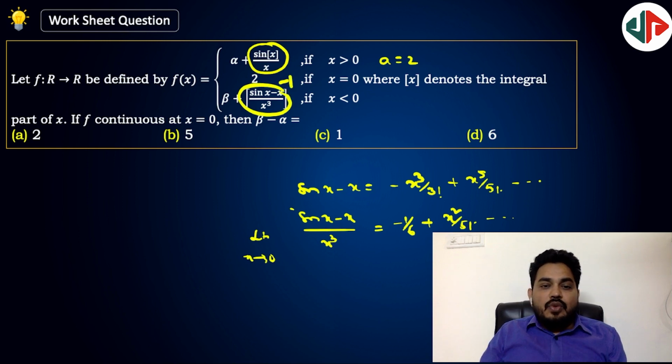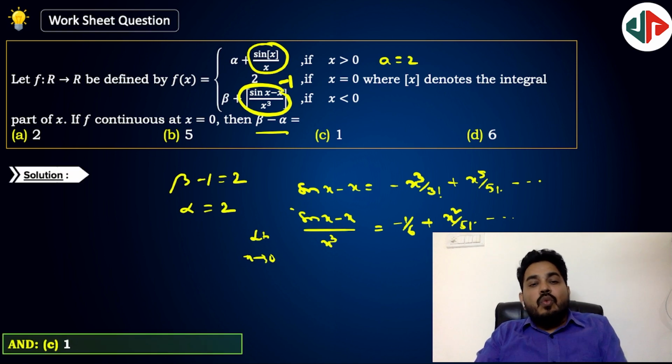Okay, so beta minus 1 is equal to 2. Alpha is equal to 2. So beta minus 1 is equal to 1 is the answer.